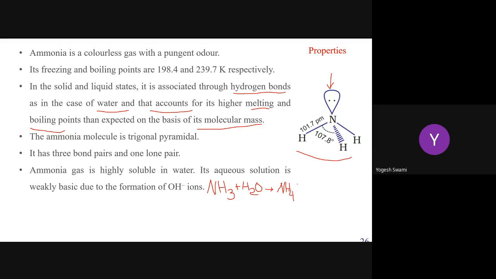Due to the release of OH minus ion, its nature is basic or alkaline. And which type of base is this? Arrhenius base, because it releases OH minus ion. Only NH4OH. But the ammonia, which type of base? Bronsted-Lowry base and Lewis base.